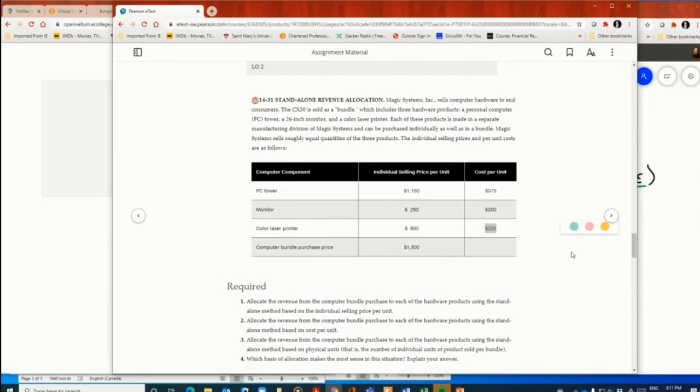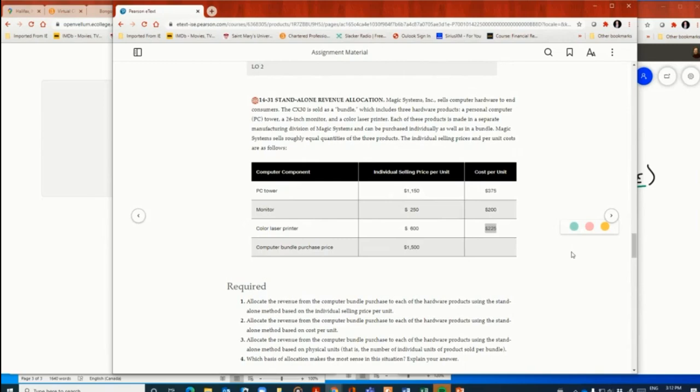But how do we split the revenue between the three divisions? We have a PC division, we have a monitor division, we have a laser printer division. And if you've got three managers who are in charge of each of those divisions, they're going to fight over the revenue, right?